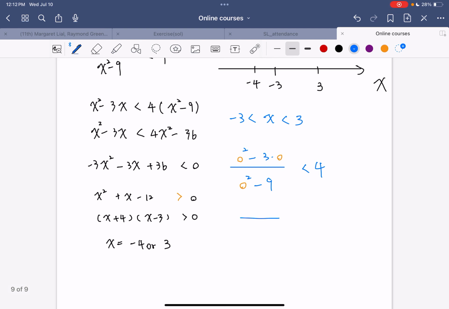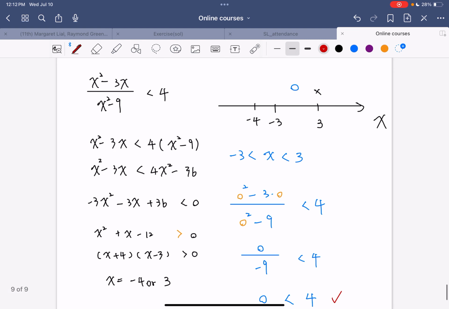So on the left hand side we got 0 minus 3 times 0, and here we got -9. 0 divided by -9 will be 0. So 0 less than 4. Correct? It fits. So this area fit. We can tell. This area not fit, not fit, fits.